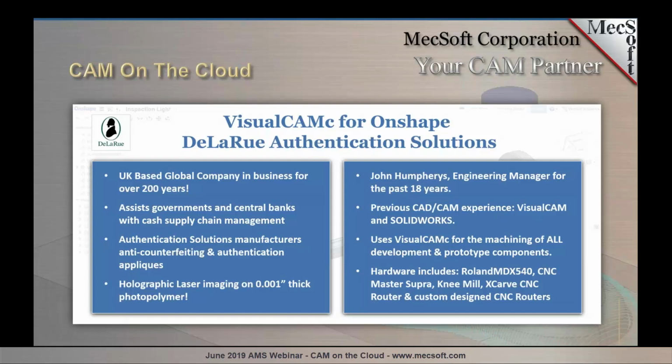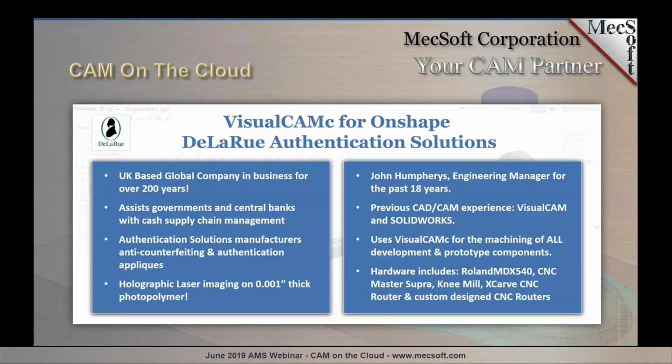It's all done for him on the cloud, and that's one of the things that he really liked about it. And plus, the first thing he started looking for when he went to Onshape was how he was going to cut parts. So when he saw that MecSoft had a product for Onshape, he was one of the first ones to sign up. And currently, he's using both products.